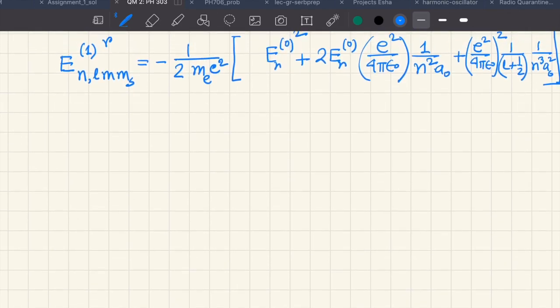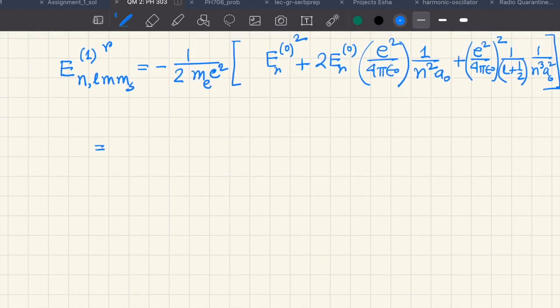So now let us simplify this a little bit more. We have minus 1 by 2 m e c squared, then En0 squared.